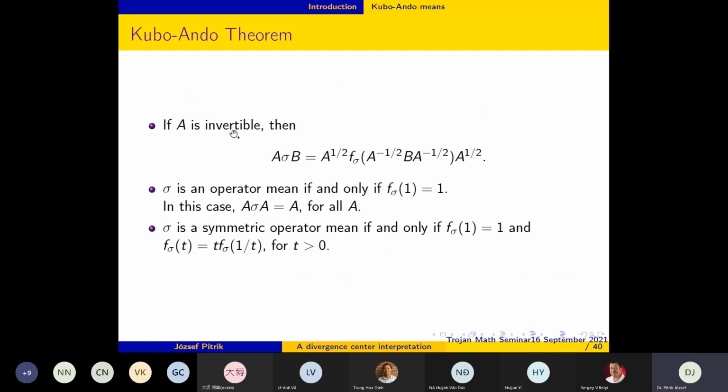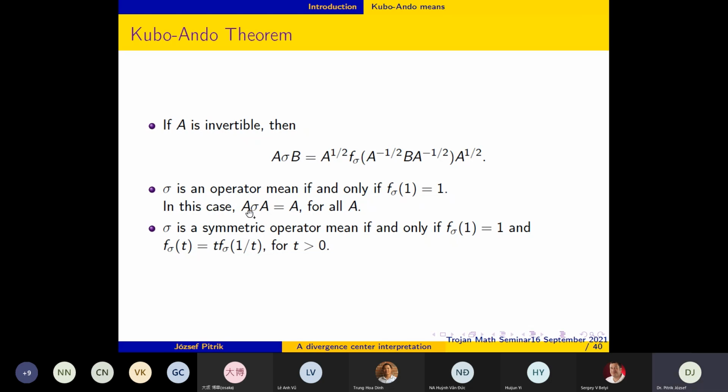Moreover, if A is invertible, then we can write the connection A sigma B in this form. This formula gives the characterization of all operator connections between positive operators. It's a very famous formula. And especially, sigma is an operator mean if and only if f_sigma(1) is equal to 1.